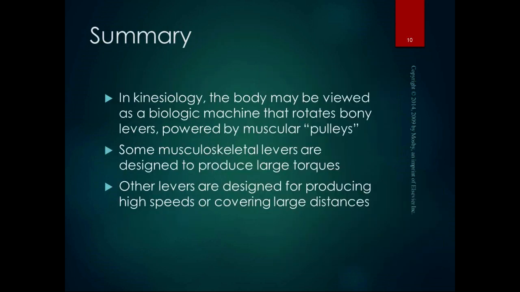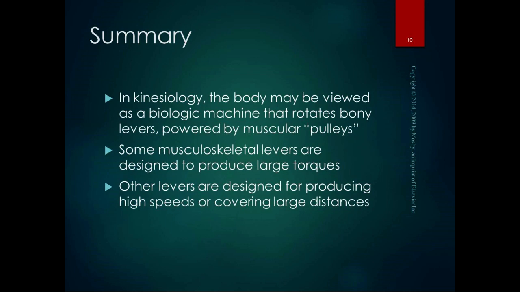In kinesiology, we can think of the body as a biological machine that rotates bony levers powered by muscular pulleys. It's kind of cool, really. Some muscular levers are designed to produce large torques, so those are going to be like the second-class levers. Other ones are designed for producing high speeds or covering large distances.